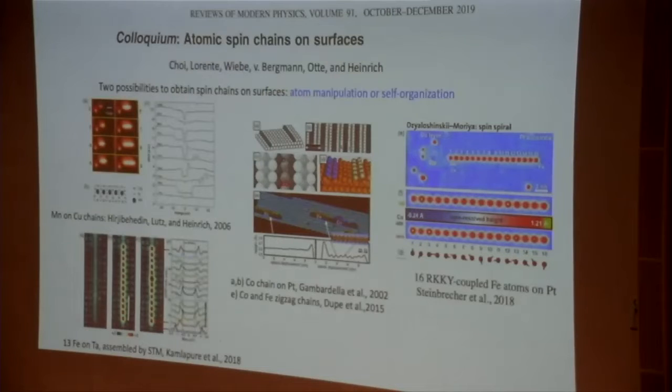Okay, so here, just to show that building atomistic spin ladders is not completely science fiction anymore. Here is a collection of what people do in various systems. These are atoms on surfaces, for example, iron atoms on the surface of platinum, or cobalt chain on platinum, zigzag chains and so forth, or iron and potassium and so forth.